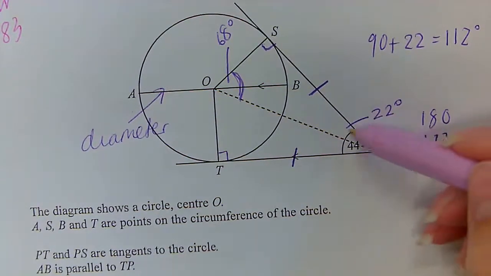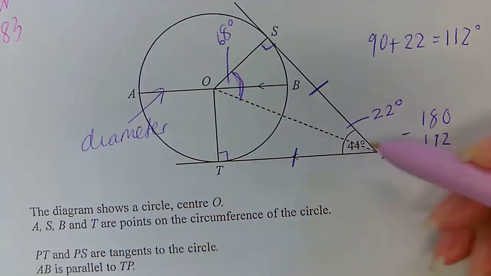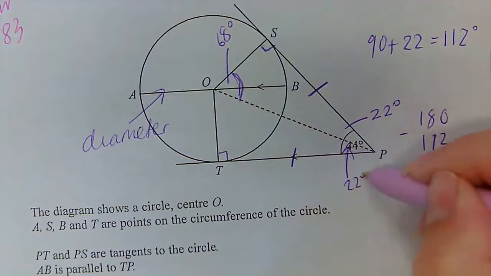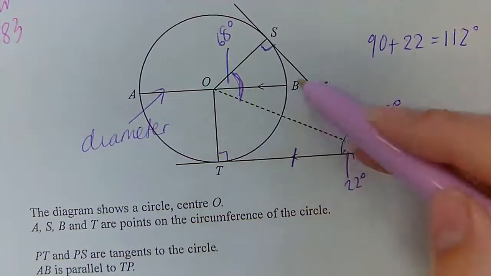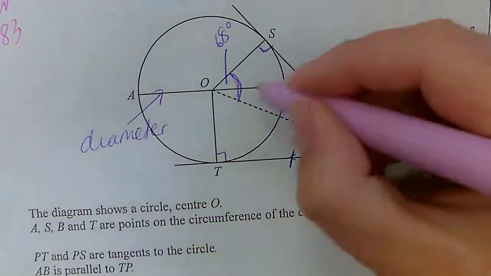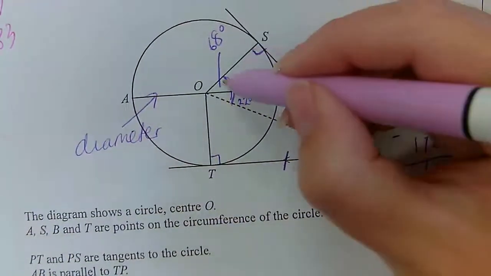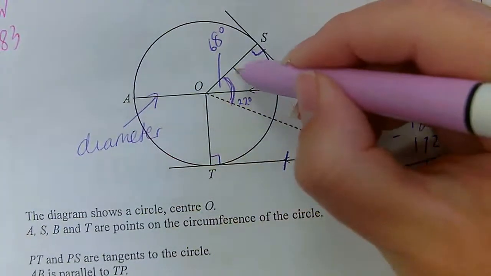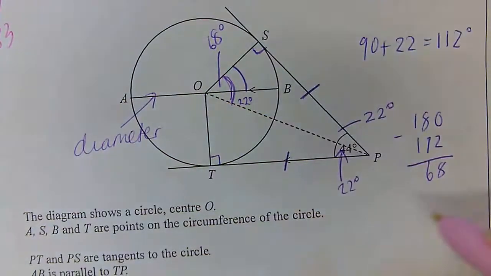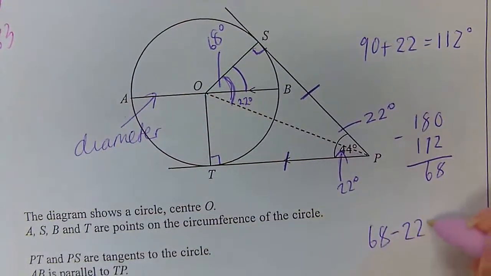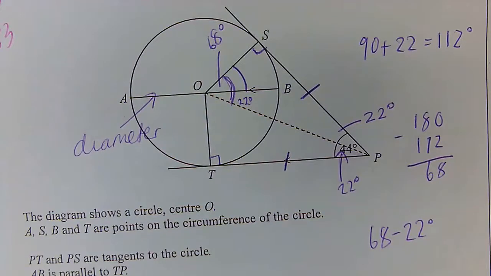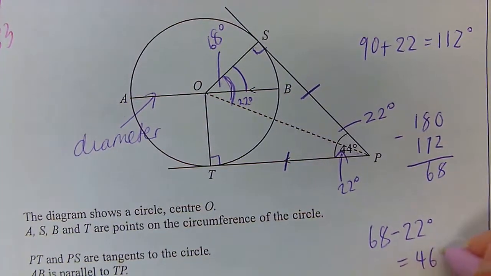We've already said that this cuts this angle in half, so that is also 22 degrees. So if this is now a Z, alternate angles equal, this is 22 degrees here. So our little bit here is going to be 68 minus 22 degrees, which gives me 46 degrees.